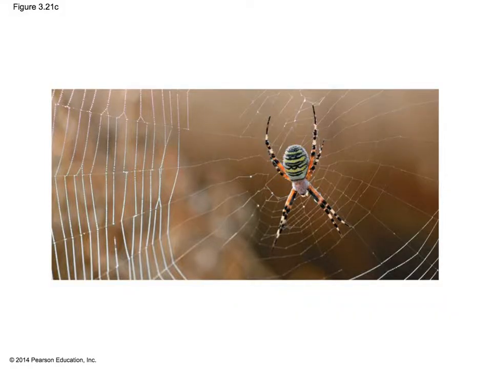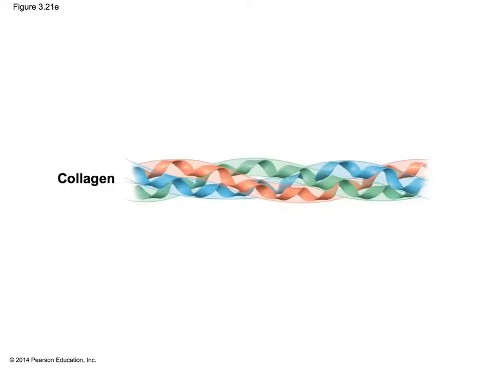The spider web really is just an example of a type of protein, and that spider is producing that silk, which then is formed into the spider web shape. Collagen is another type of protein where we have these multiple polypeptide chains coming together, interacting in a folded, interwoven form.